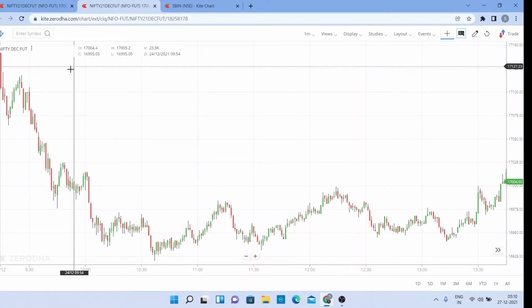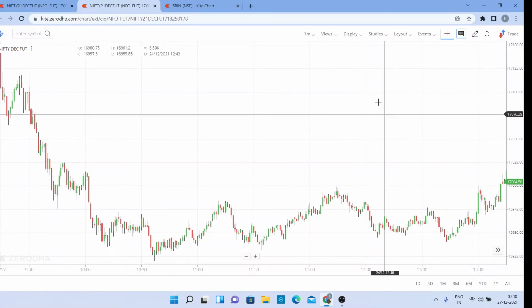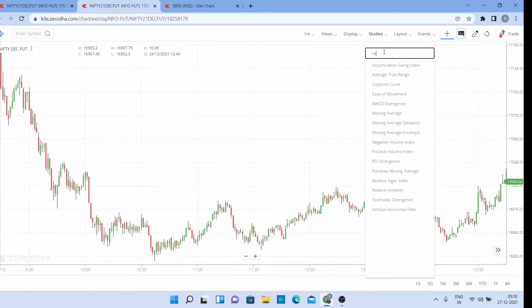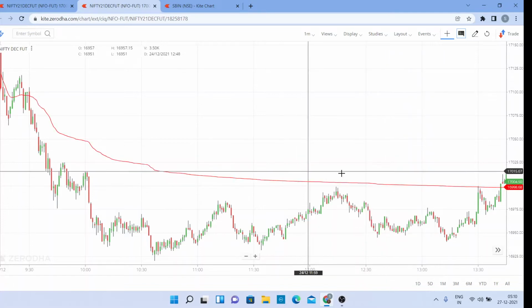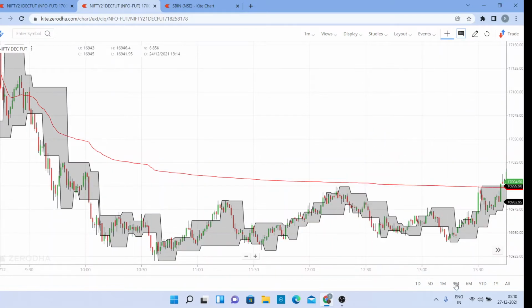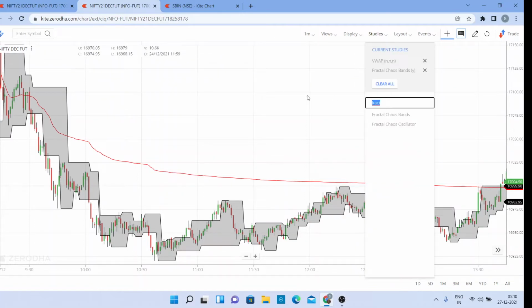As you can see here, I have the Nifty 1 minute chart. Now let me go to studies and add VWAP on this chart. I make the color red, and then I will add one more, which is fractal chaos bands. In addition to that, I will also add an EMA of 100.